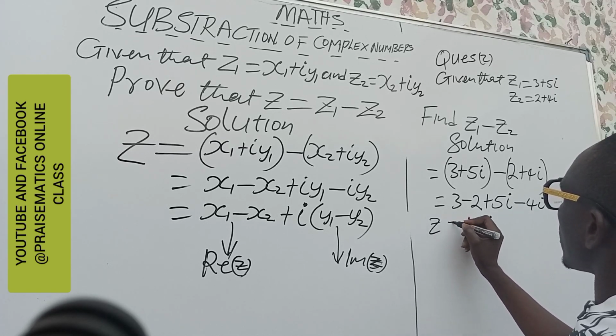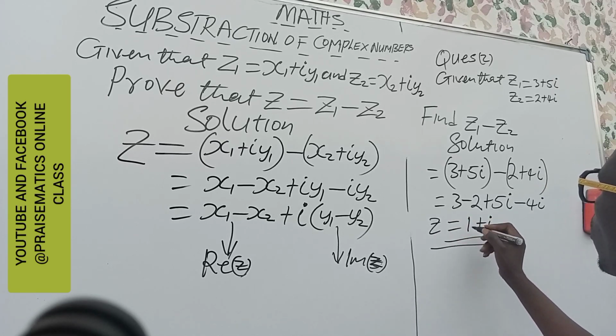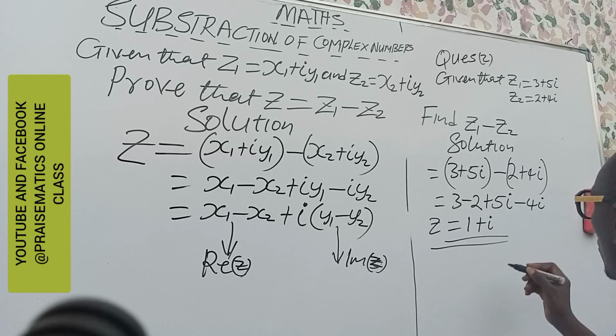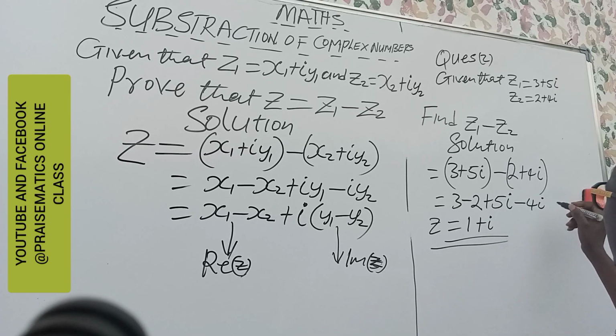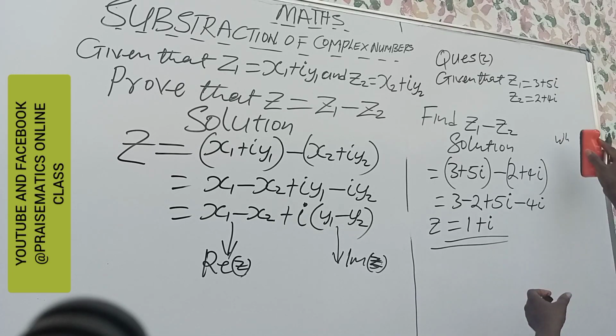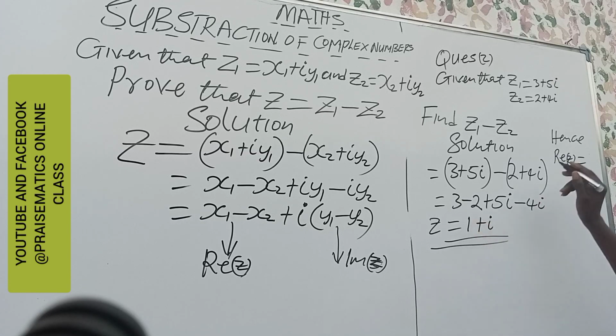So z is equal to 1 plus i. Hence, the real part Re z is equal to 1, and Im z is equal to 1. So that is it.